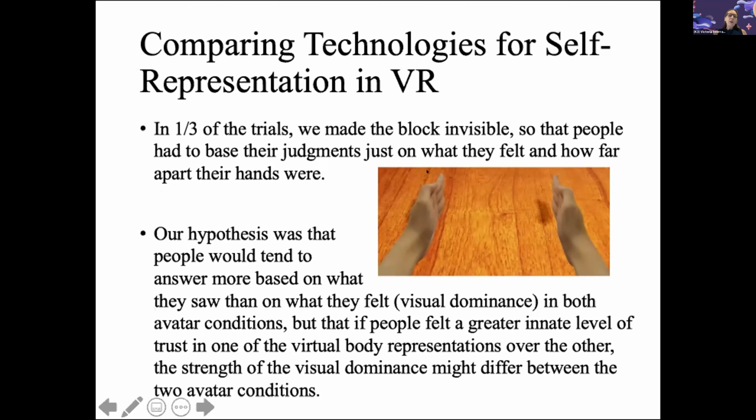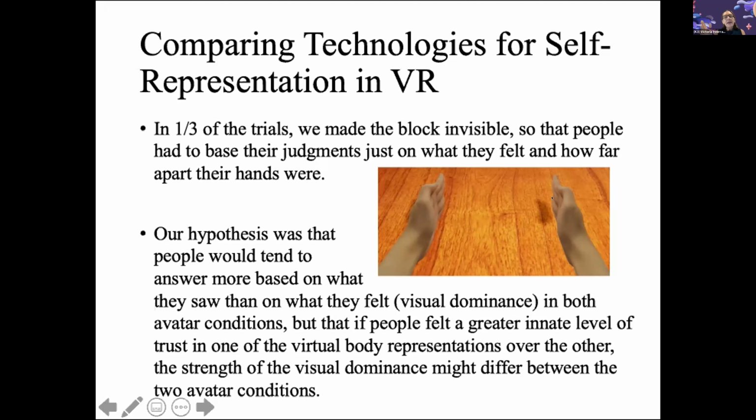So we also had a third of the trials in a condition where we didn't show the block at all, but we only showed people's hands, because it's possible that people would just be ignoring the hands and only basing their judgment on the block itself. And so we wanted to have this as a control condition where the block wasn't visible and people could only use their hands.